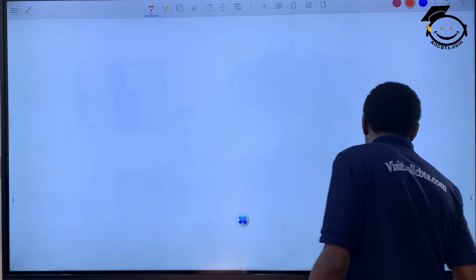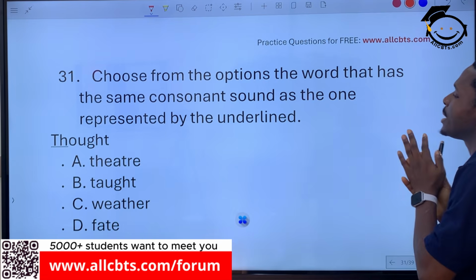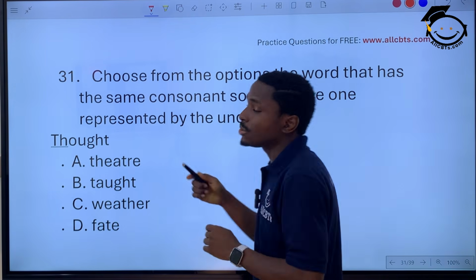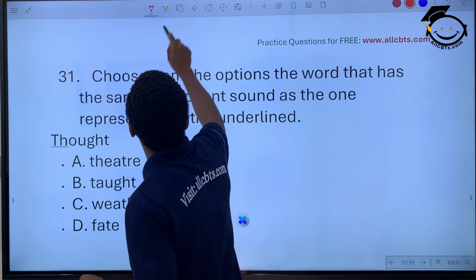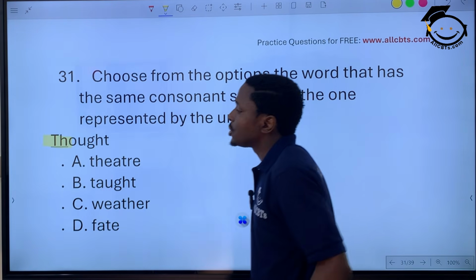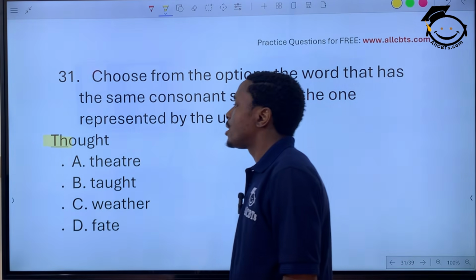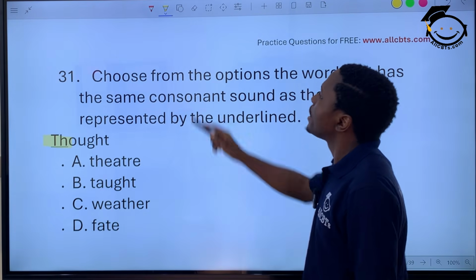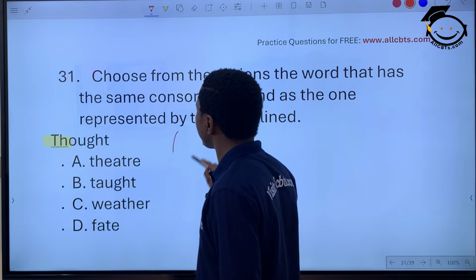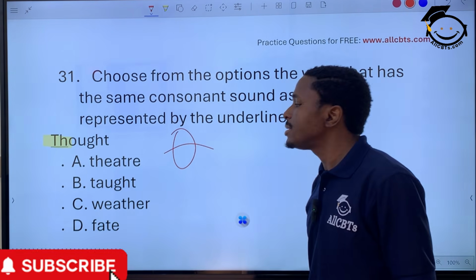Okay. Next, choose from the options the word that has the same consonant sound as the one presented by the underline. So what's the consonant sound? The underline is TH. The sound there is theta.